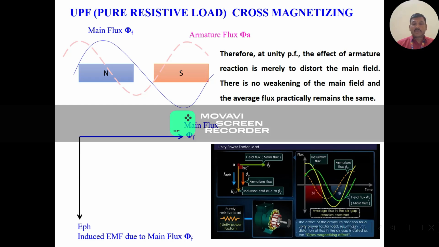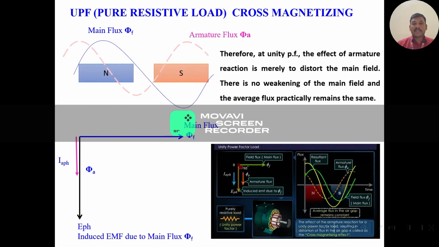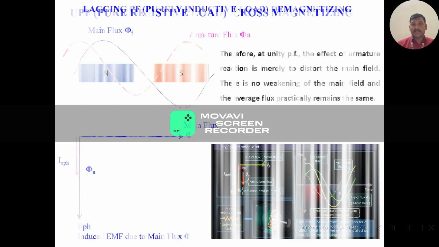The EMF induced in the machine due to the flux phi F is represented by EPH, and IAPH represents the armature per phase current and phi A represents the flux. Here you see that the two fluxes are displaced by 90 degrees. That produces the cross magnetizing effect within the machine.